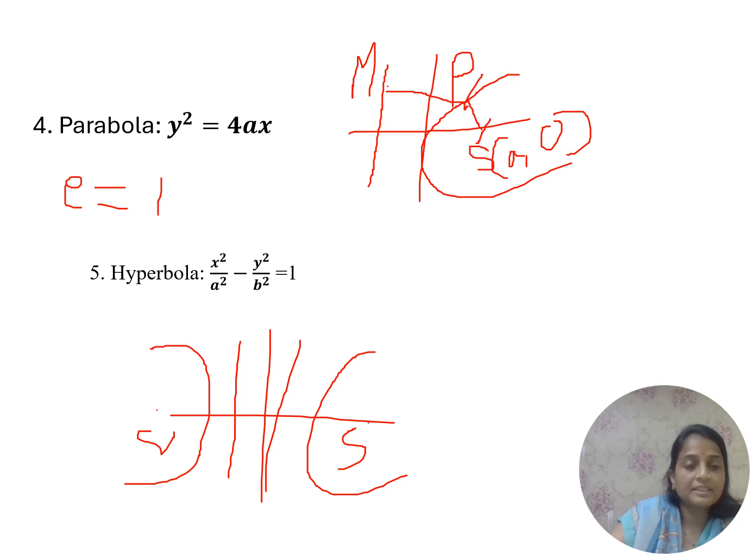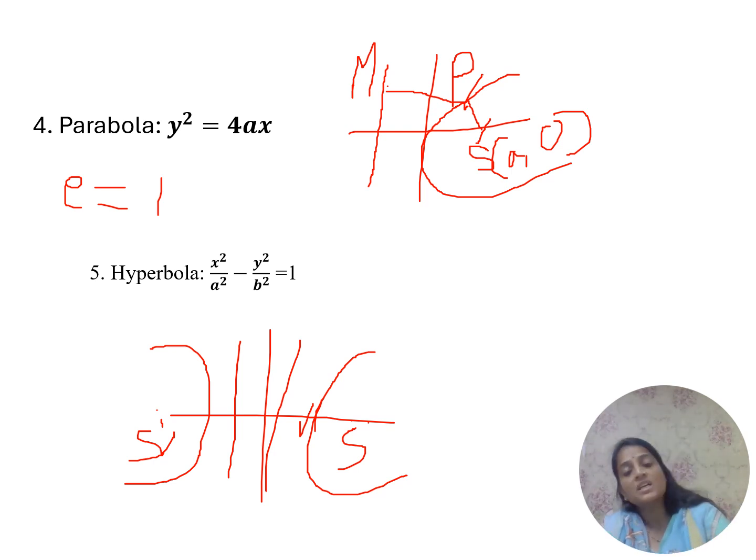The focus coordinates are (ae, 0) and (-ae, 0). a is this line: the distance from the origin to this point, the vertex. So the origin to vertex distance is known as a, and b is this distance. So x squared upon a squared minus y squared upon b squared is equal to 1 is the equation of a hyperbola.